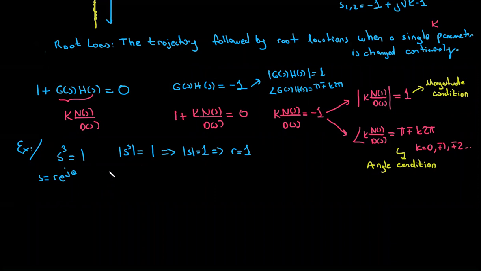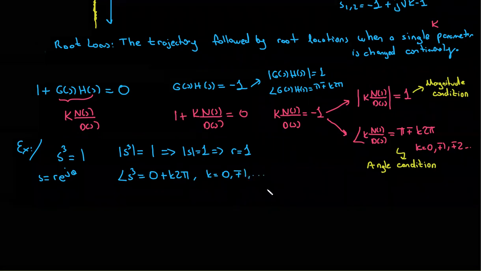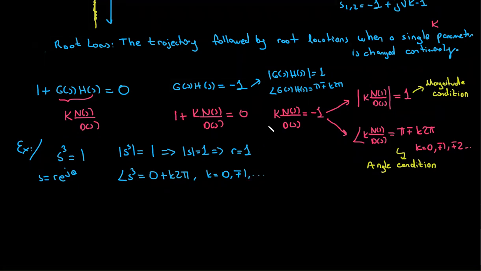How about the angle? The angle of s cubed should be equal to the angle of the positive real number 1, which has the angle 0 plus k times 2 pi, for k values 0, plus or minus 1, etc. And what is the angle of s cubed?